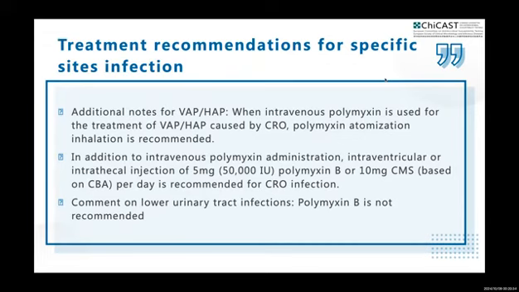Finally, the treatment recommendation for specific site infections include additional notes for VAP and HAP, and in addition to intravenous polymyxin administration, intraventricular or intrathecal injection of 5 mg polymyxin B or 10 mg CMS per day is recommended for CRO infections. Comment on lower urinary tract infections: polymyxin B is not recommended for UTI treatment.